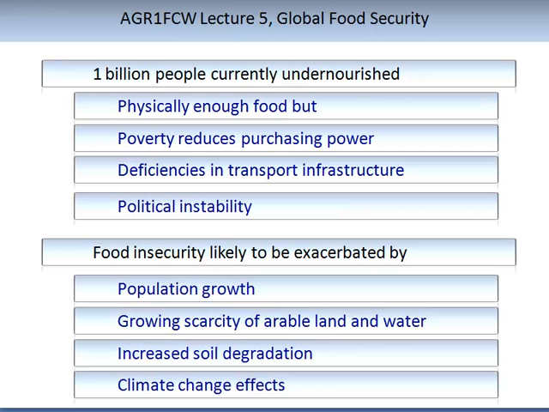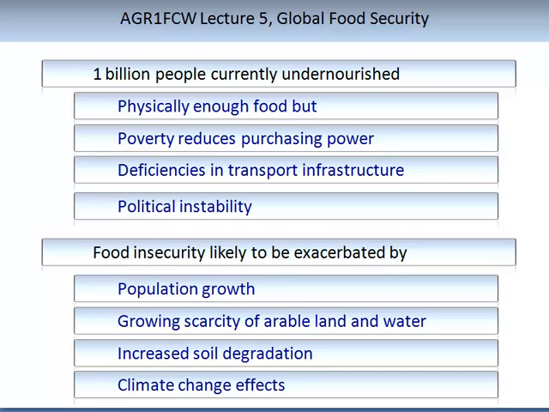So what is the situation of global food security? Well, it's quite sobering. 1 million people currently are recorded as undernourished. This is a staggering number of people considering there is physically enough food. But poverty reduces purchasing power, there are deficiencies in transport infrastructure, and political instability can all lead to compounding food security issues.